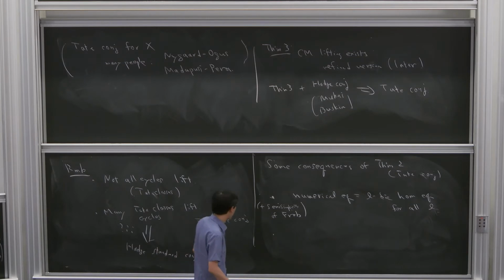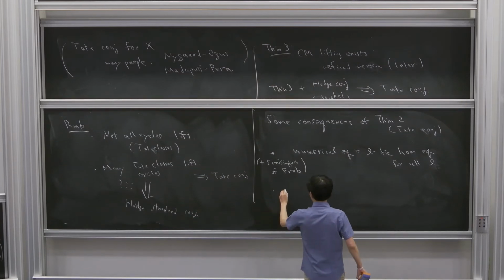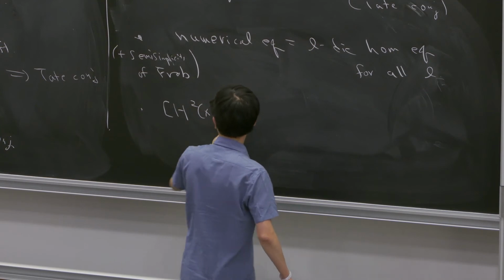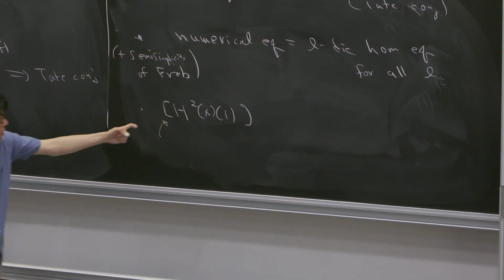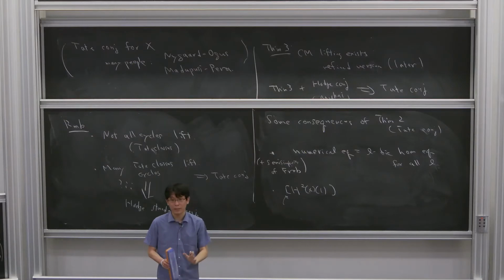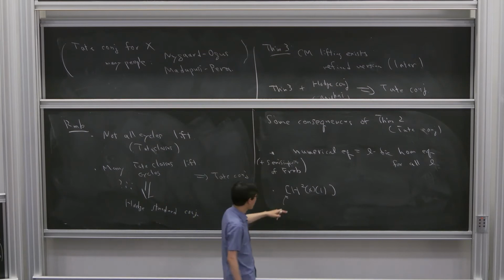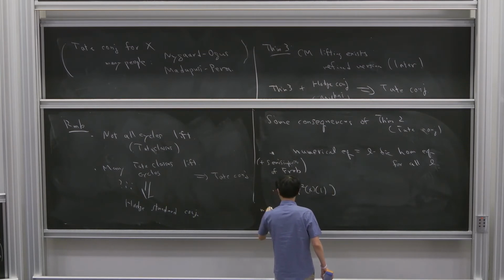And so the second point is, let me decompose. Now I talk about motives. This denotes the motive of the second cohomology. I mean, the Künneth projector exists, and I'm looking at the second cohomology. So this is the motive.